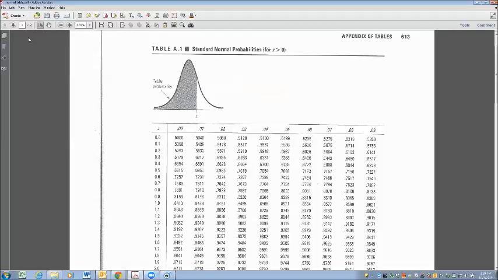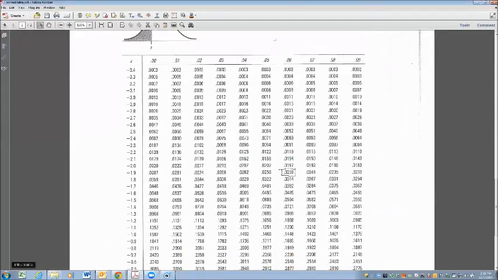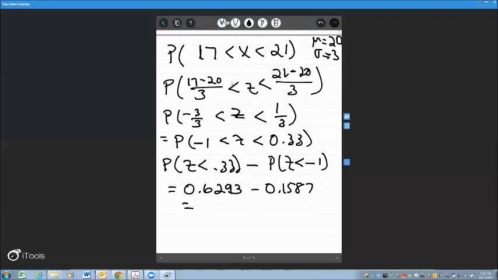And I'll subtract off then the value that goes with -1, which is 0.1587. So we get 0.6293 minus 0.1587, which is 0.4706.